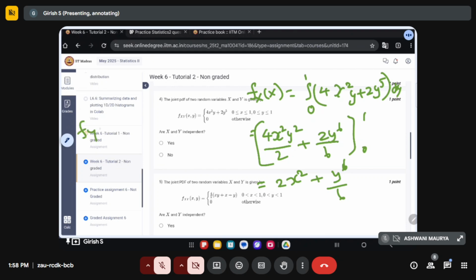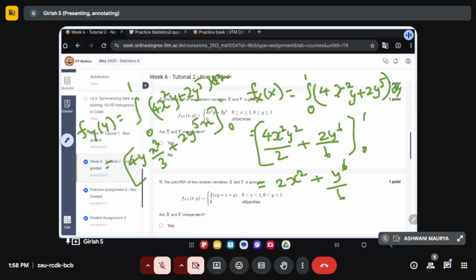Similarly, how to calculate fy of y? For fy of y, integrate from 0 to 1 with respect to x. So this becomes 4y x cubed by 3 plus 2y power 5 x. If you substitute, 4y plus 2y power 5.